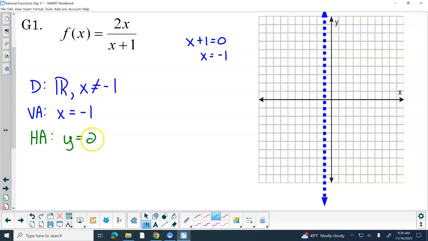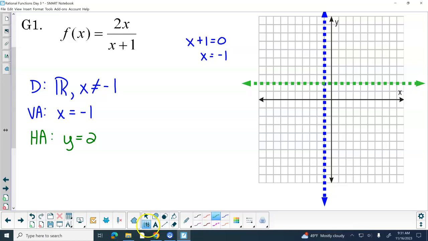Y equals 2 is my horizontal asymptote, so I'm going to put a dashed line all the way across my graph. Now we'll find out later that horizontal asymptotes are funky, and you can cross a horizontal asymptote, but you cannot cross a vertical asymptote.